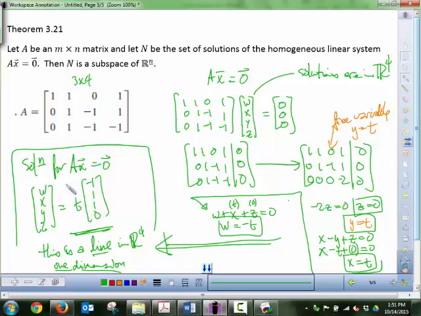Because there's no other point here, so when t is equal to 0, this is 0, 0, 0, 0. This is a line that goes through the origin in R4.